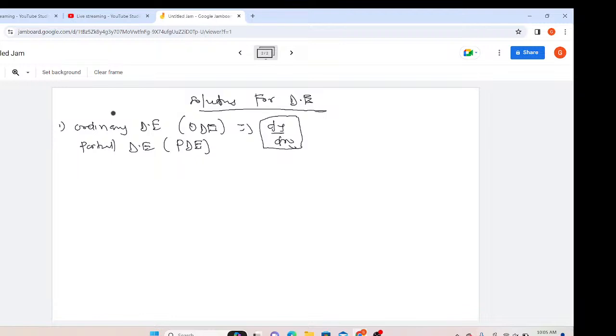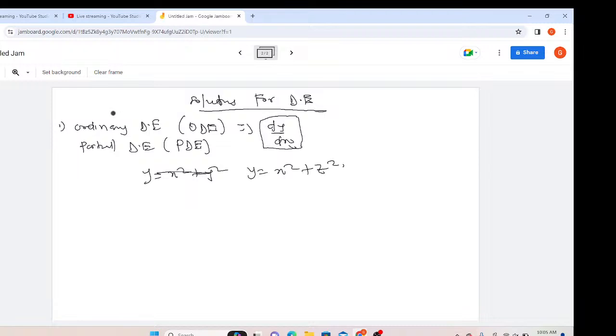For the partial, it's not fully. In the mathematical sense, you have a function y which depends on a lot of independent variables, let's say y equals x squared plus z squared.